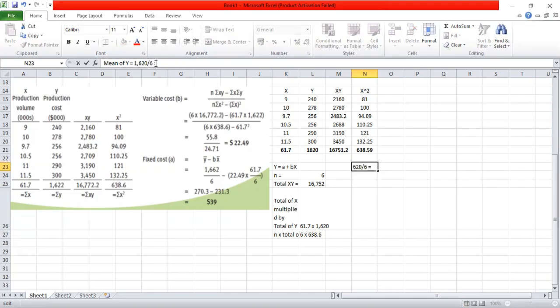The mean of x is the sum total of x, given as 61.7, divided by 6. Just calculate those values, and then we can find the value of b and the value of a.